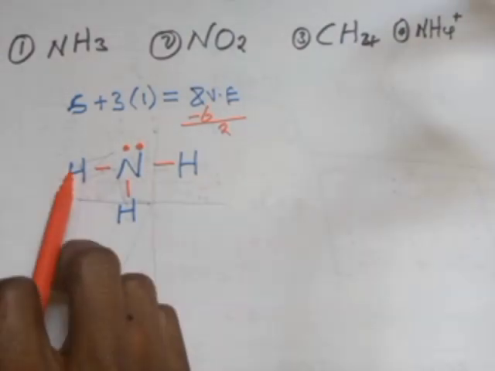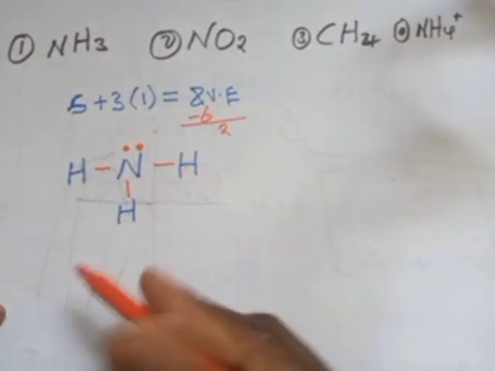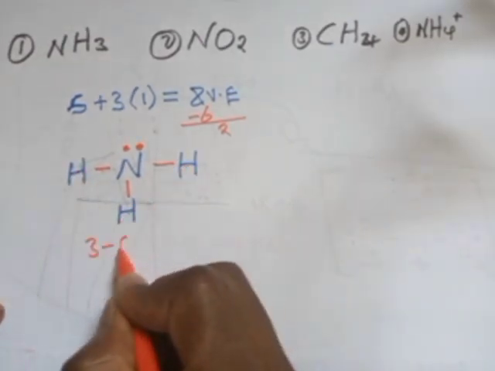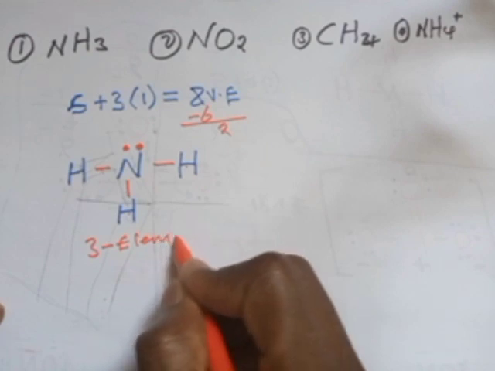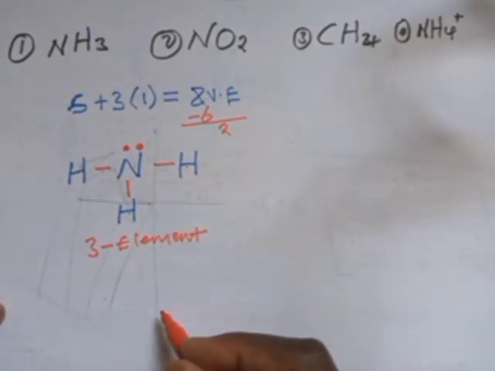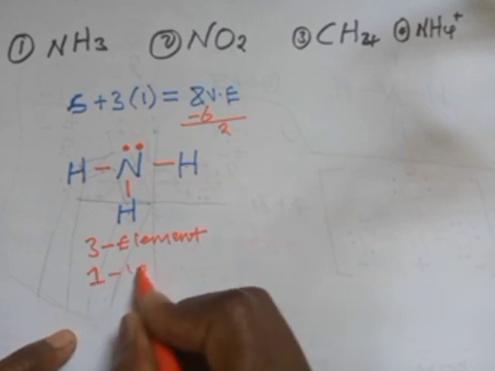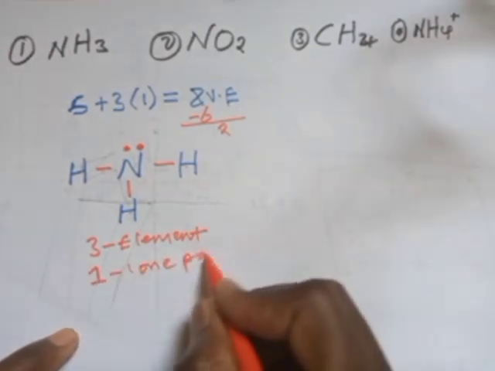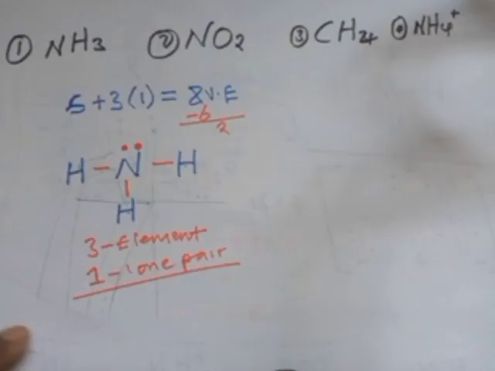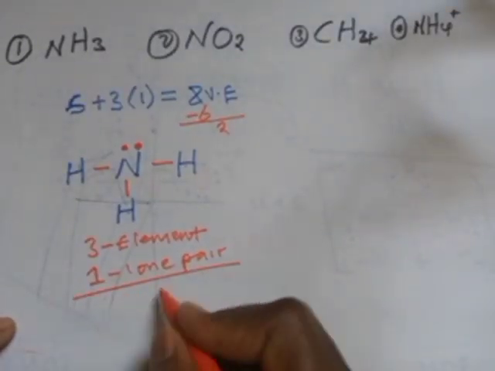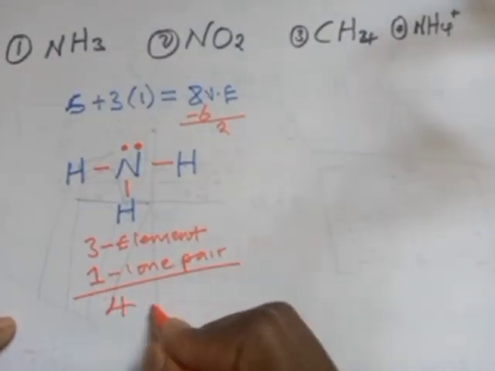So here we are going to have 1, 2, 3, so I'll say 3 elements. How many lone pairs do we have? We have 1 lone pair. Total number of items, we are going to have 4 items.